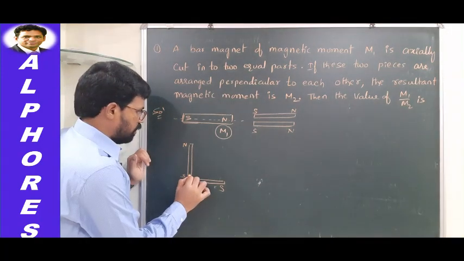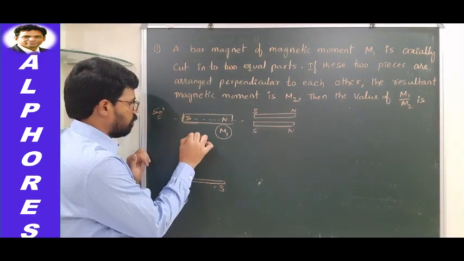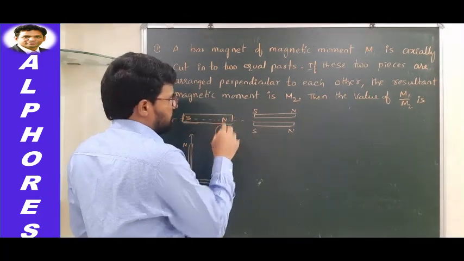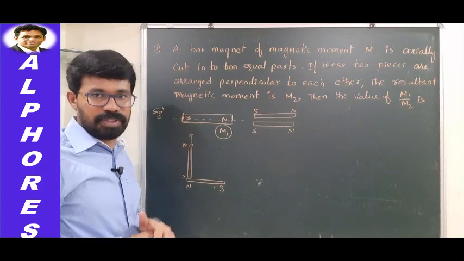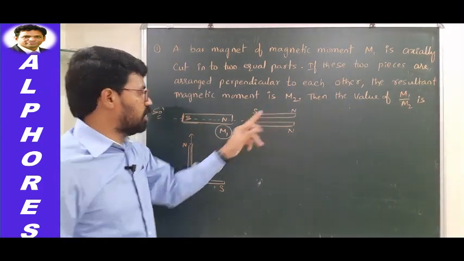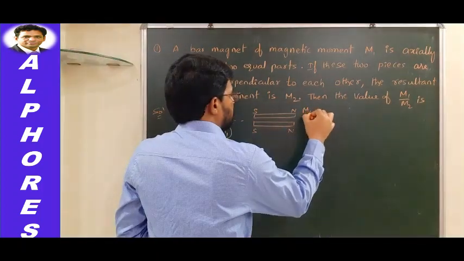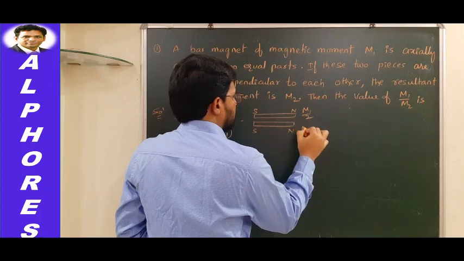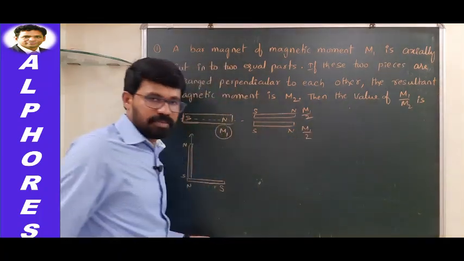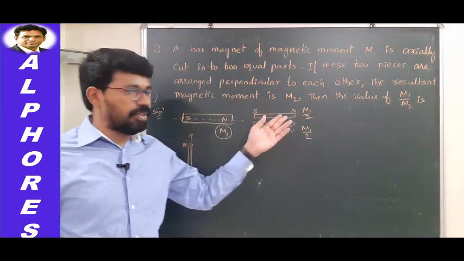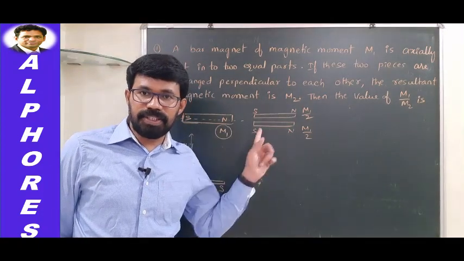So here the magnetic moment corresponding to this one will be in the upward direction. Since this one is axially separated into two equal pieces, the magnetic moment of this one will be M1 by 2 and this one will be M1 by 2, because the pole strength becomes half, length is same.